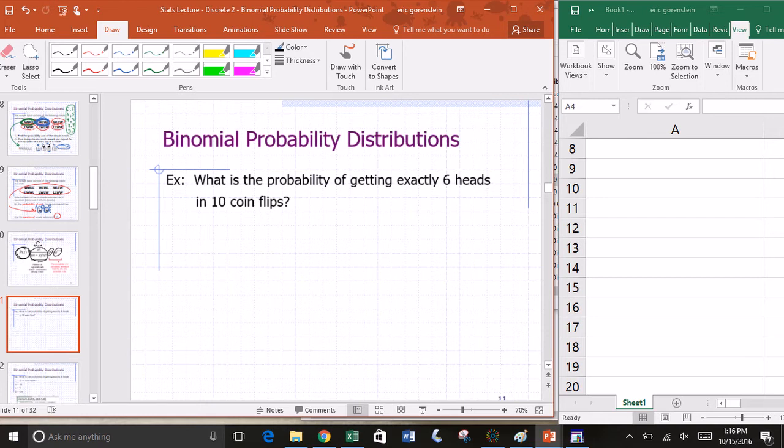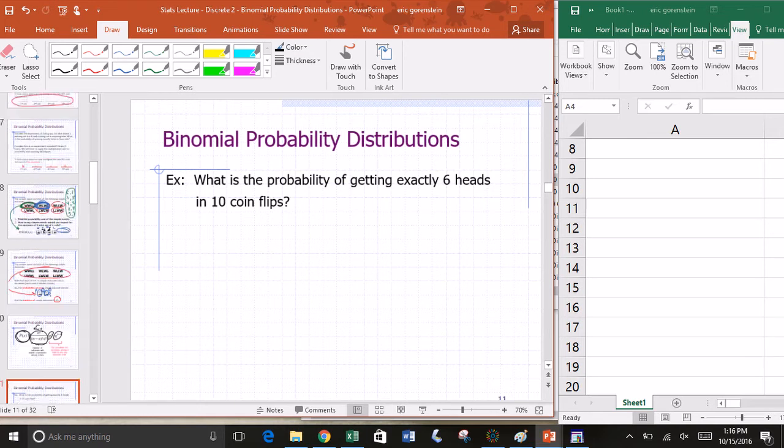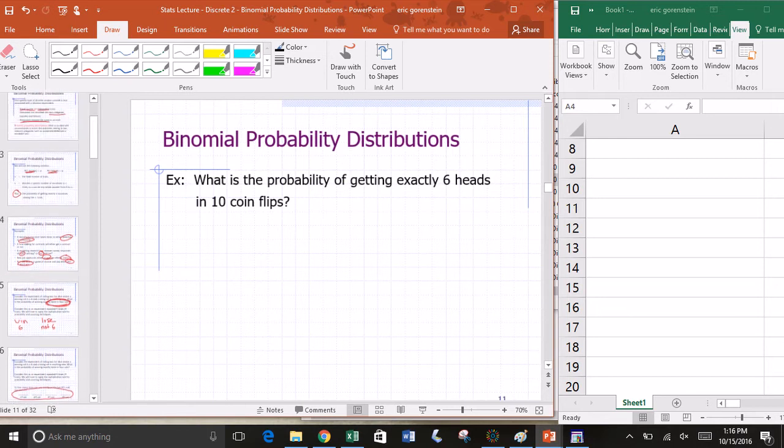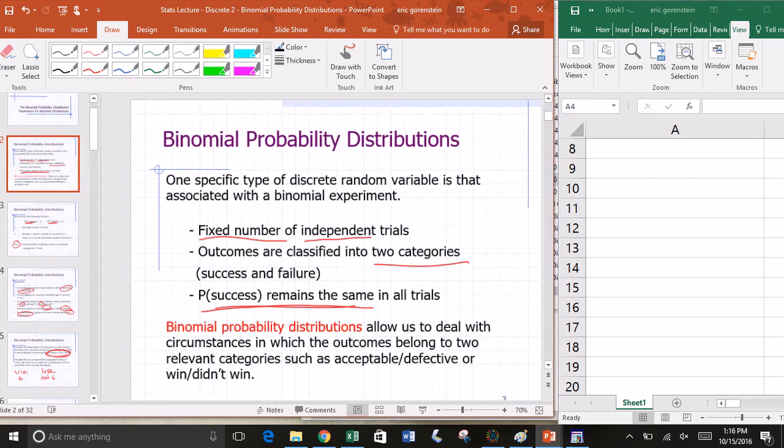And so we've met all of the criteria for a binomial probability distribution: fixed number of independent trials, constant probability of success. Let's just go back to here.